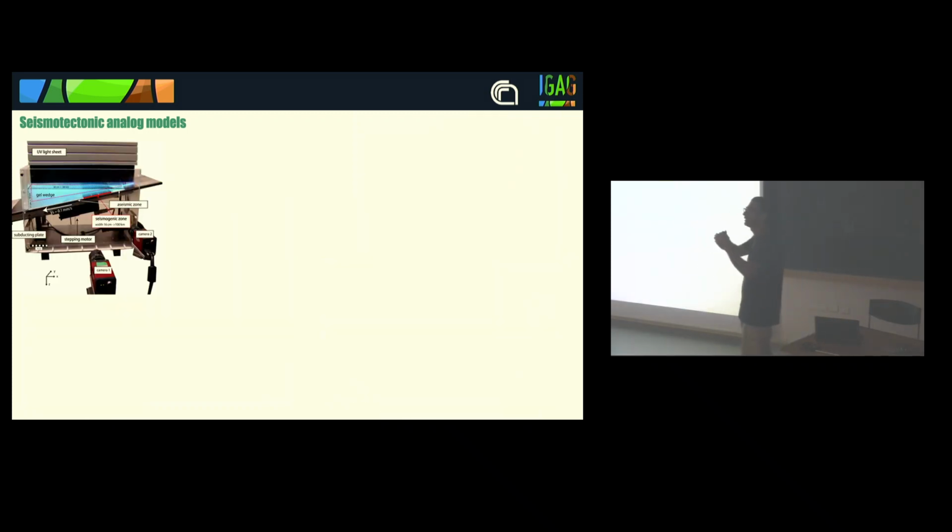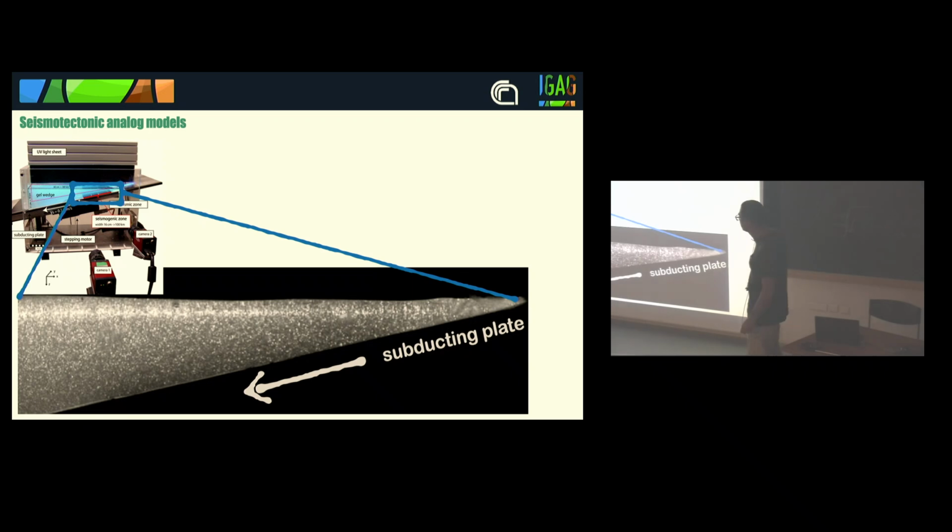The gelatin is transparent, so we have the opportunity to look inside the experiment. You see here two video cameras. One is looking at the entire model, the other one is zooming on the seismogenic zone. And this is what we observe during one experiment.